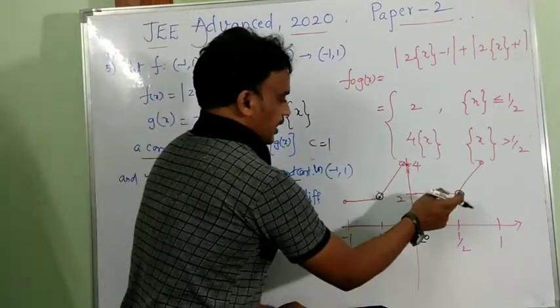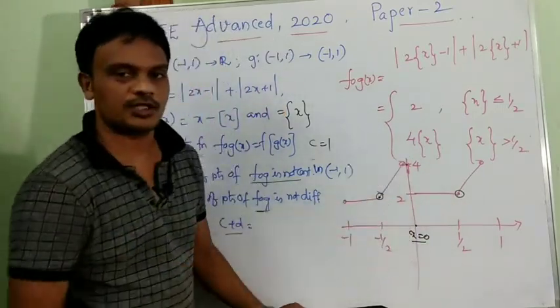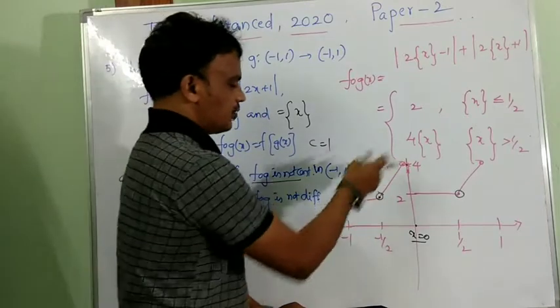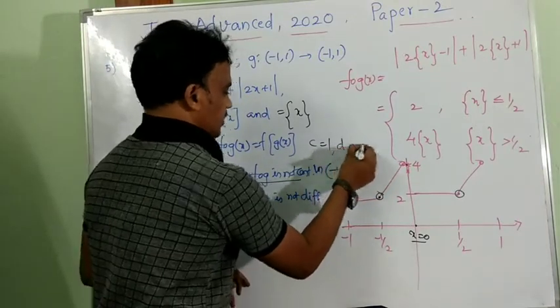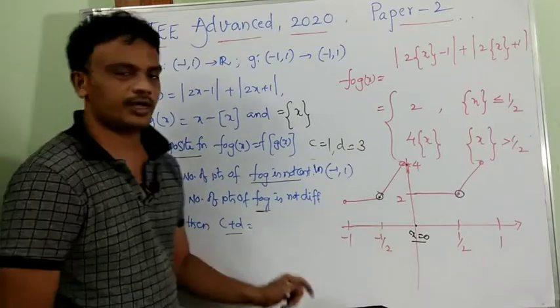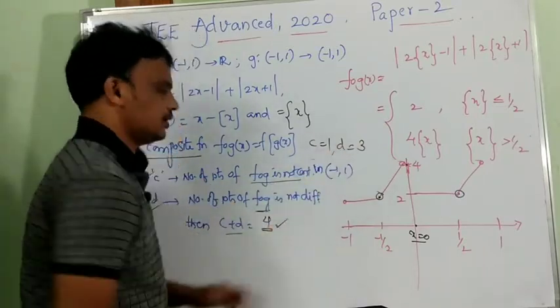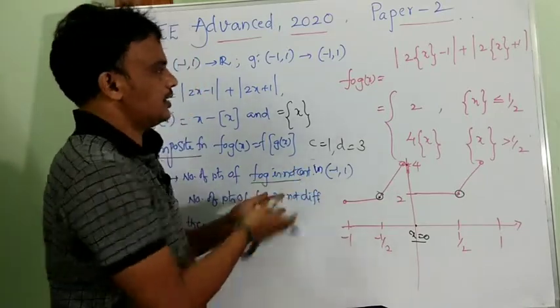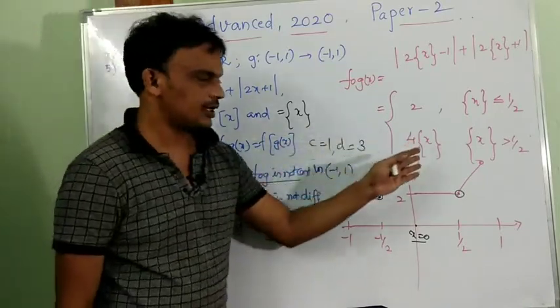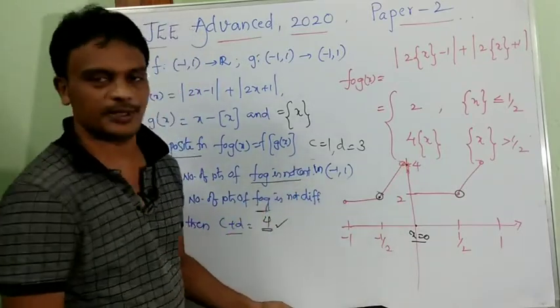So 2 points, and of course this function is not continuous at x equals 0, which means it is not differentiable at x equals 0 also. So the number of non-differentiable points is 3. Then finally, the value of c plus d is 4. That is somewhat difficult. Of course, if you know the exact graph of this one, then the problem will be easy. Come on students, make a note.